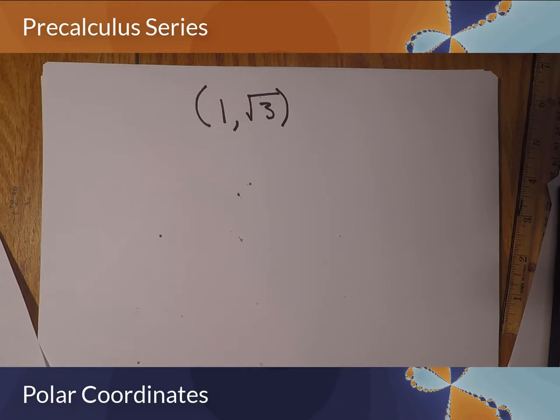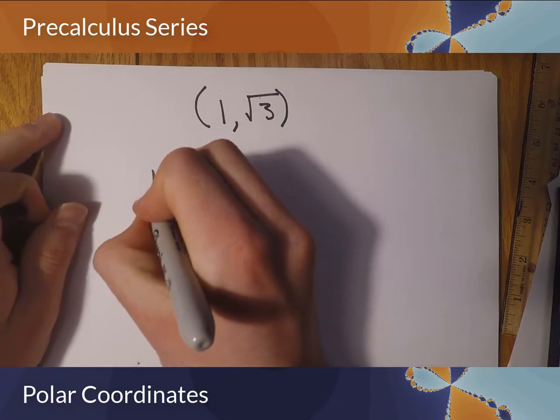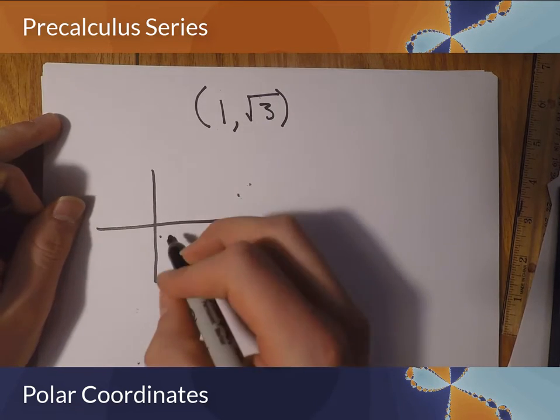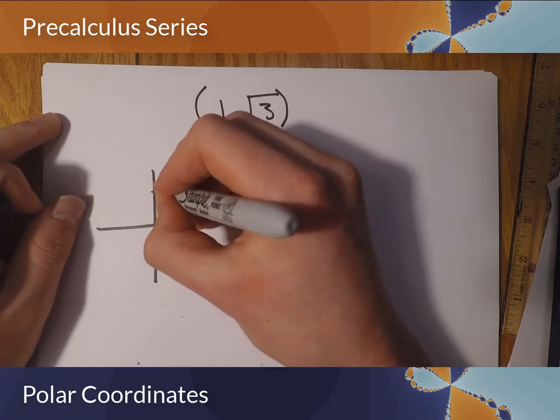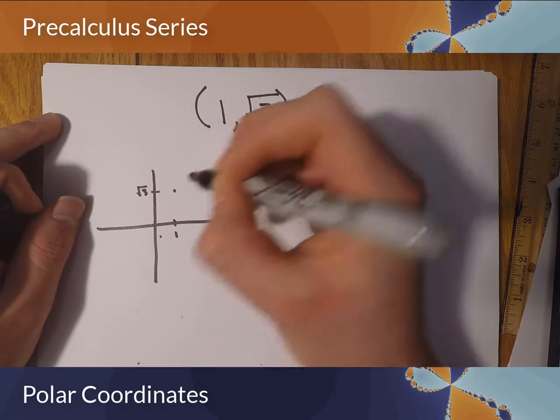All right, so now we're going to convert these rectangular coordinates back into polar coordinates. All right, so first let's plot this out here. So it's 1 over in the x, and it's root 3 high. So this is right here.